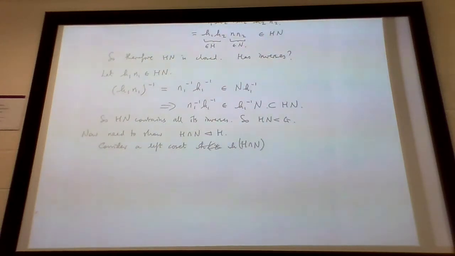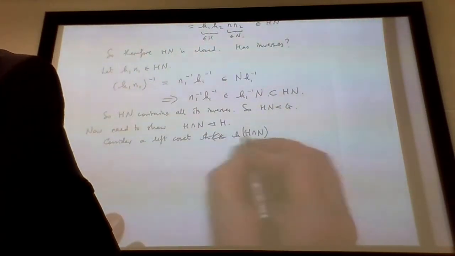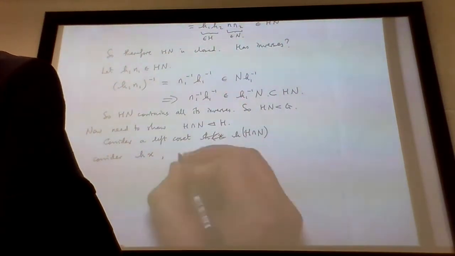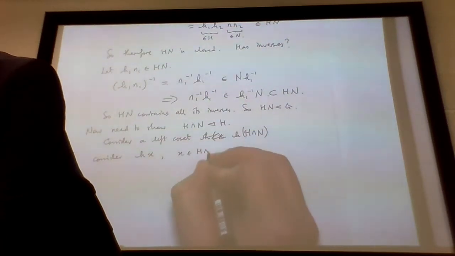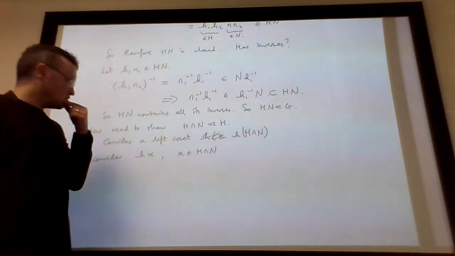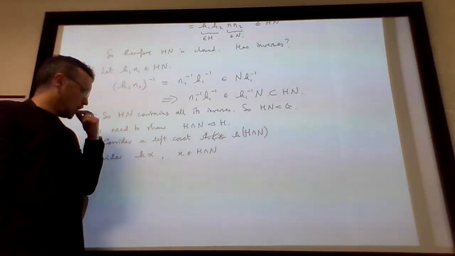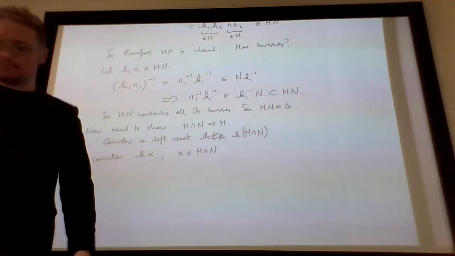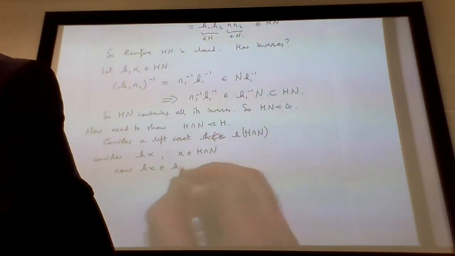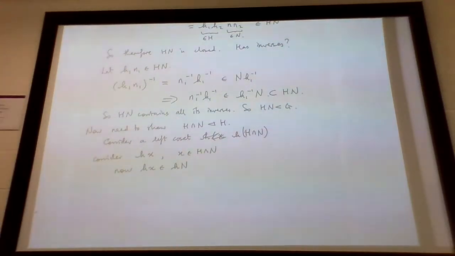Well, what can we say about that? Well, consider an element from this, hx, where x comes from this. So this is an element of the left coset. I'm going to try and prove it's contained in the same right coset. Well, for a start, x is in N. So hx is definitely an element of this left coset.